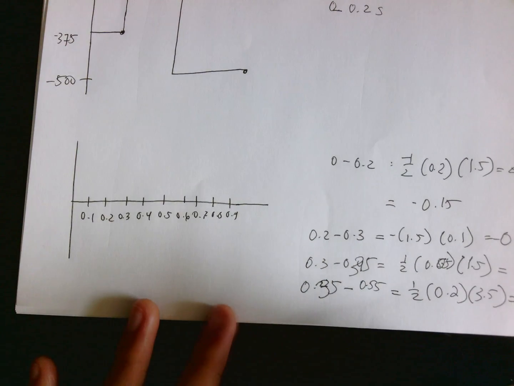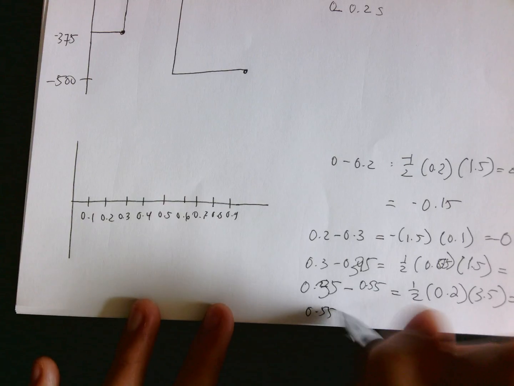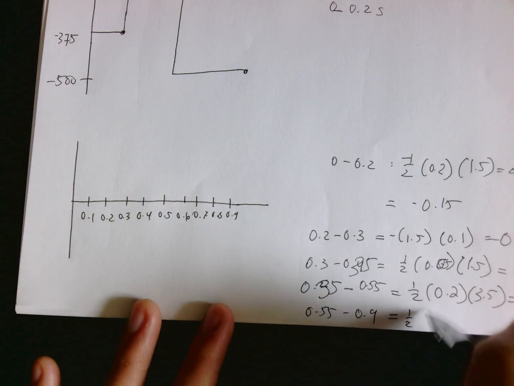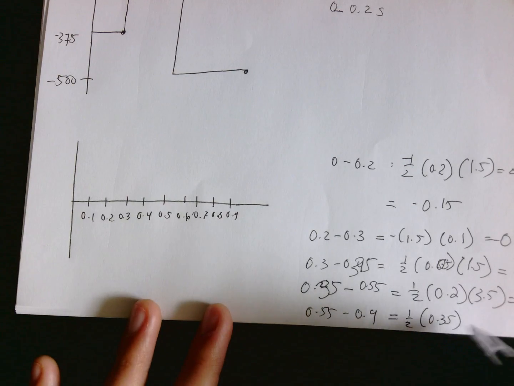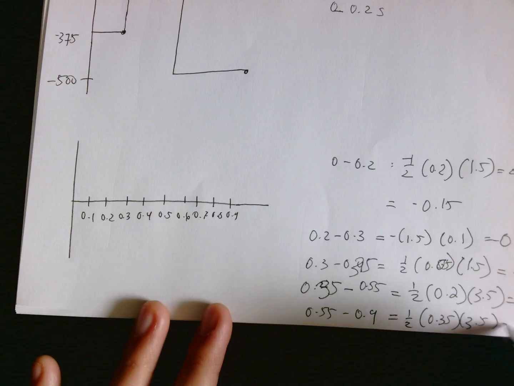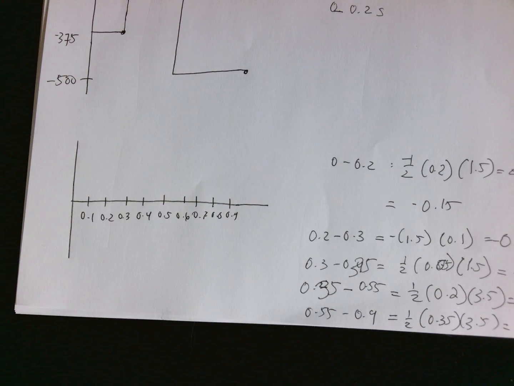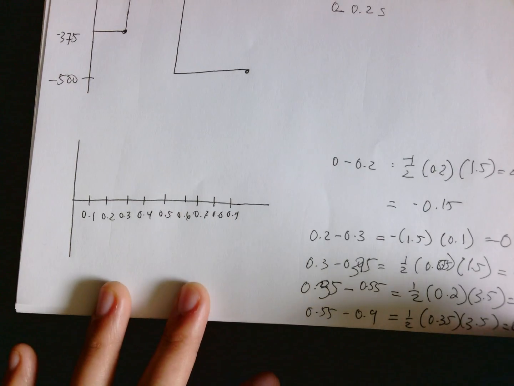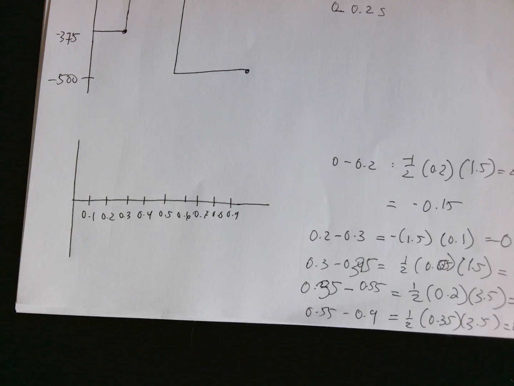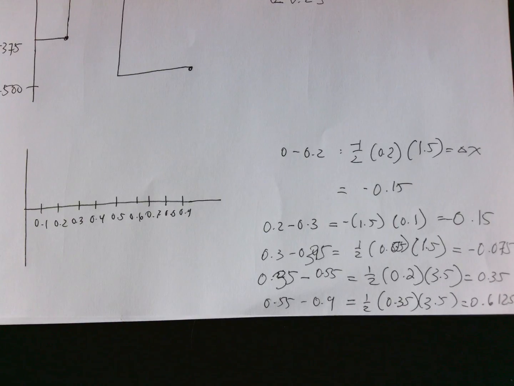And then from 0.55 to 0.9, it's equal to 1/2 times 0.35 times 3.5, which is equal to 0.6125. So those are the numbers and the delta x's, and then we plot them in the graph to obtain the x versus time graph.